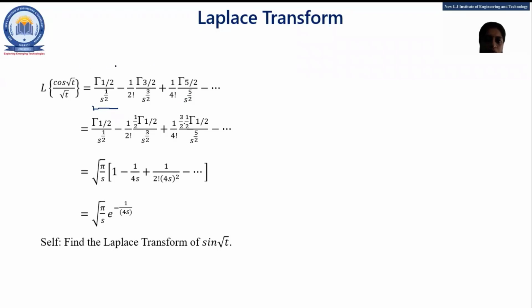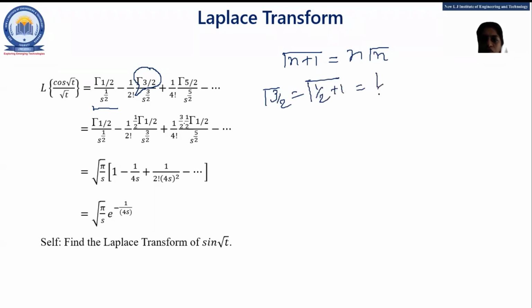As I told you, now see carefully, this gamma 3 by 2 is equal to 1 half gamma 1 half. Here we apply the formula gamma n plus 1 is equal to n gamma n.